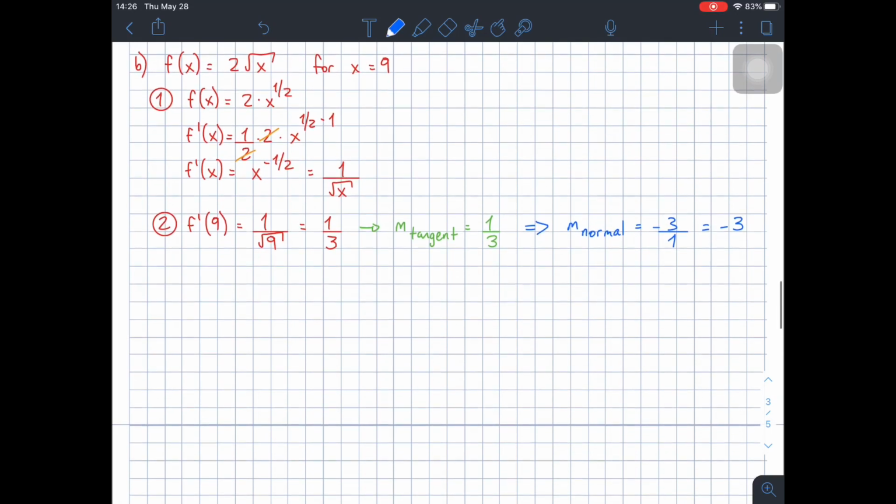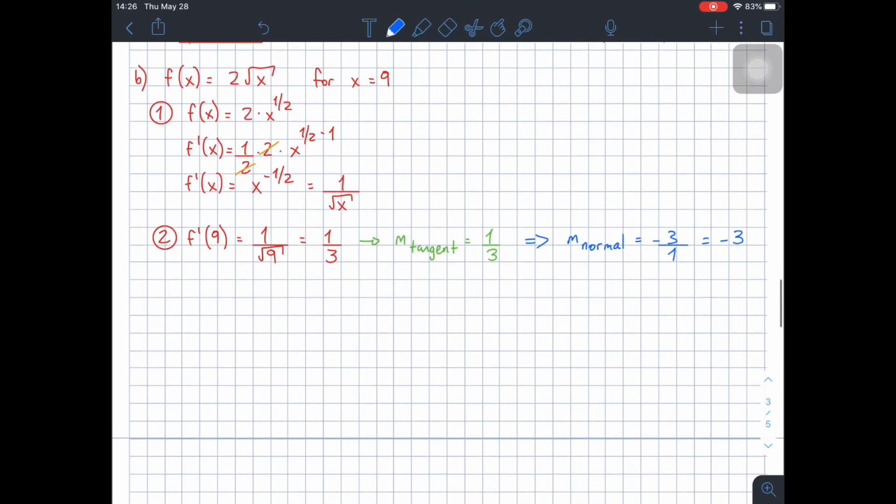Once I have the slope of the normal line, I need to determine the given point, right? I already have the value of x, but now I need to determine the value of y for this value of x. So how do I calculate that? I'd replace the value of x into the original function. So I'm going to find f of 9, replacing this into the original function.